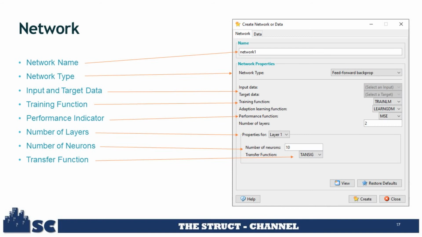Then, you can select the input and output or the target data on this next tab. Then followed by the training function, and in our case we use the trainlm, and then the performance indicator, which is the mean square error.